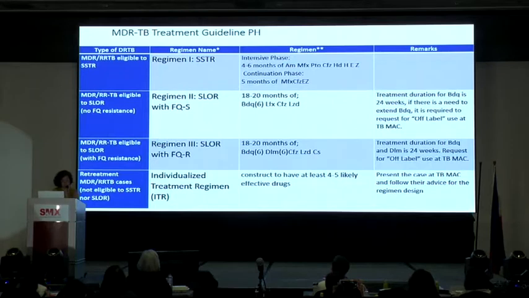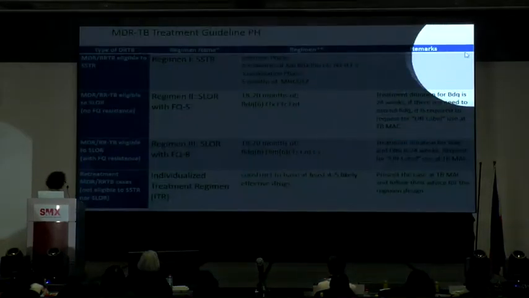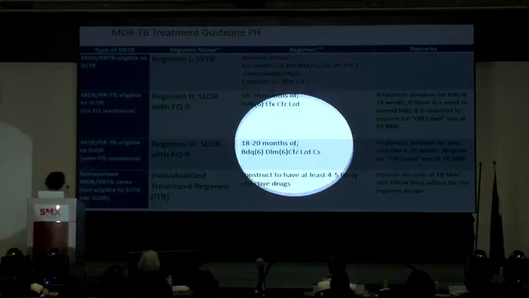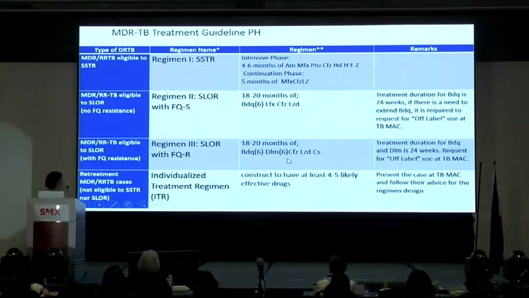As you see, kanamycin, cycloserine and capreomycin were removed from the list of drugs. So 18 to 20 months of combinations of 3. If there's resistance to fluoroquinolone, you add delamanid to the regimen, and an individualized regimen would follow the WHO approach of completing the regimen based on the classifications.